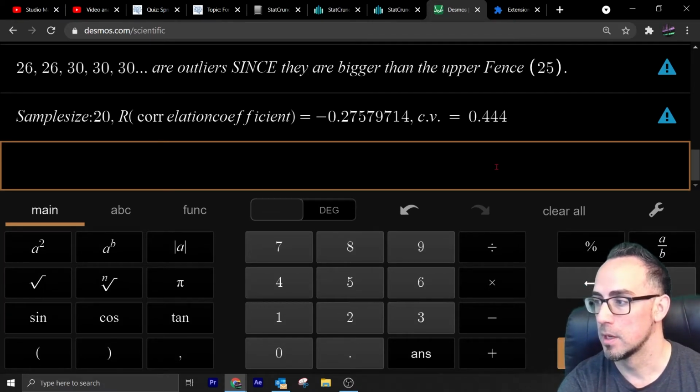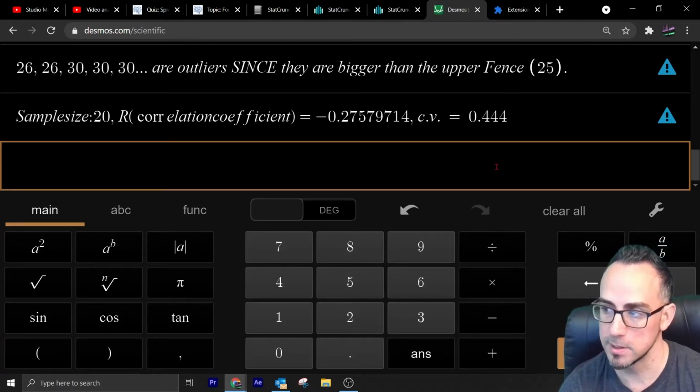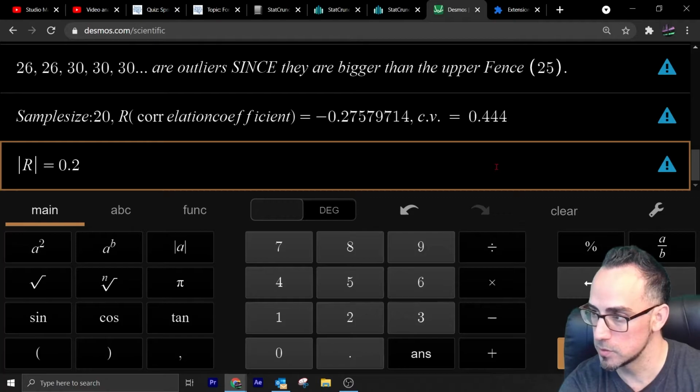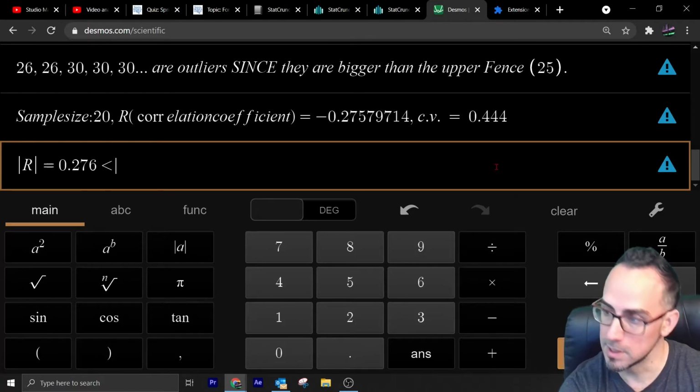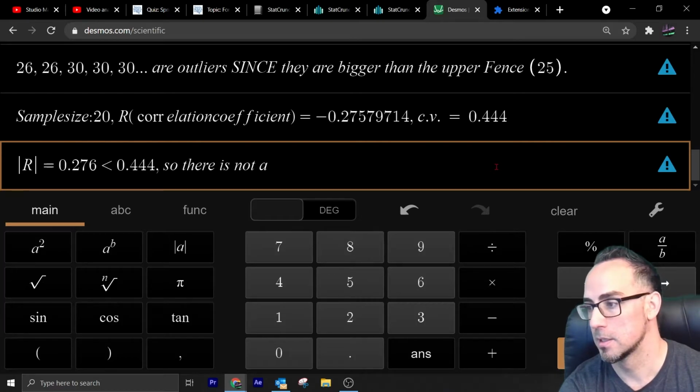Now we care about the absolute value of R, so really positive 0.276. We could say the absolute value of R, 0.276, is less than 0.444, the critical value. So there is not a linear correlation.